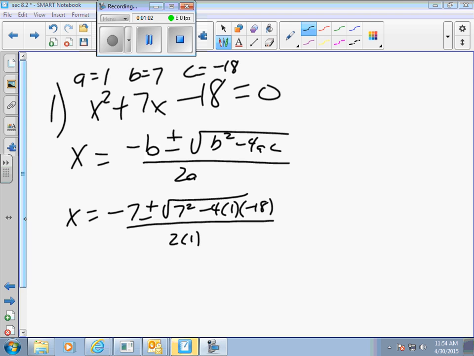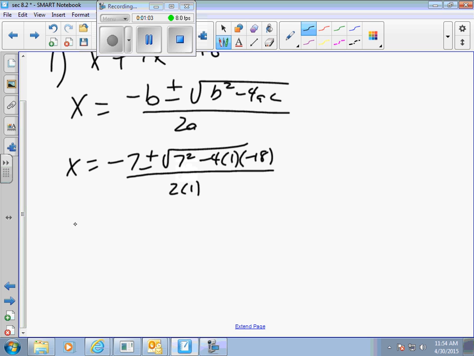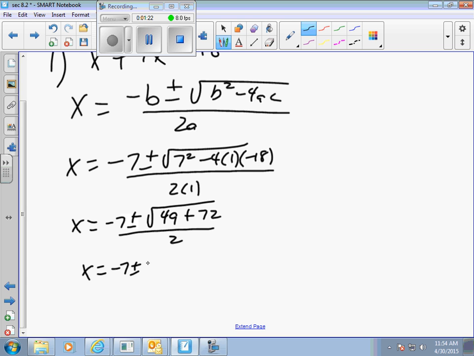When I simplify that, I'm going to get x equals negative 7 plus or minus 7 squared is 49. Negative 4 times 1 times negative 18 gives me positive 72 all over 2. And more simplifying gives me the square root of 121.